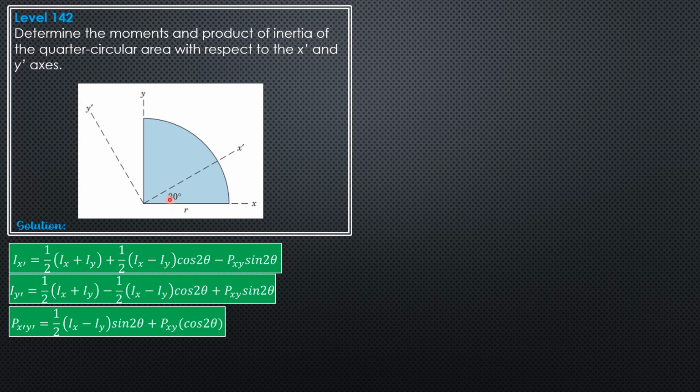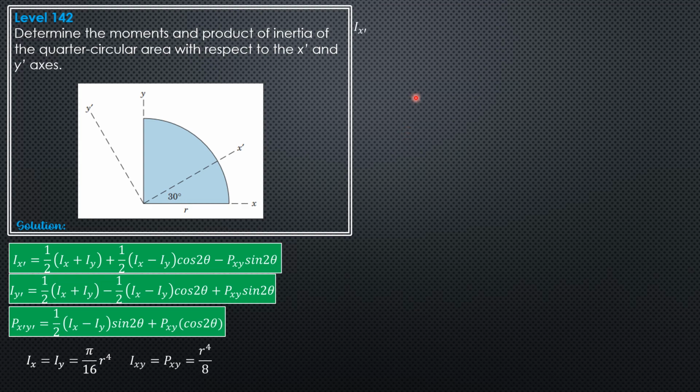So from the figure, this is a quarter circular area, so Ix equals Iy equals pi r to the fourth over 16. Remember? Then product of inertia with respect to the xy axis, Pxy equals r to the fourth over 8, if you can recall. So again, 2 theta is 2 times 30 degrees, so 60 degrees.